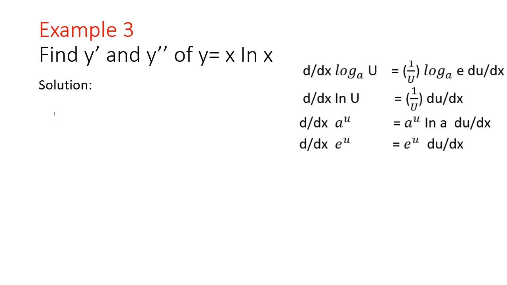So you have y prime equals x times 1 all over x plus ln of x times 1, equals 1 plus ln of x. y double prime equals 0 plus 1 all over x, equals 1 all over x.